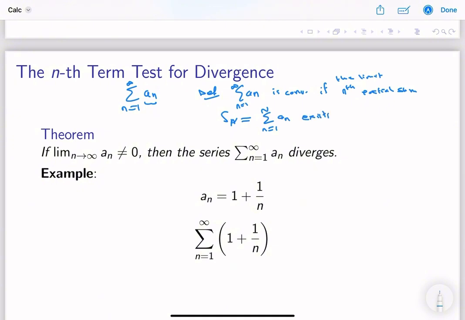So if this limit exists, then we say that the series is convergent, and the value to which this sequence converges is going to be the value of the series.